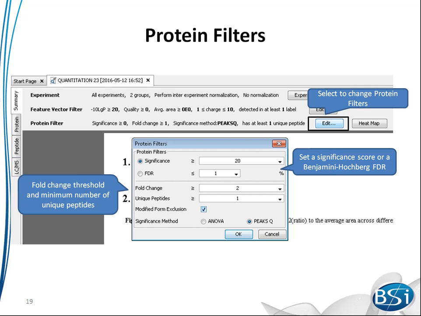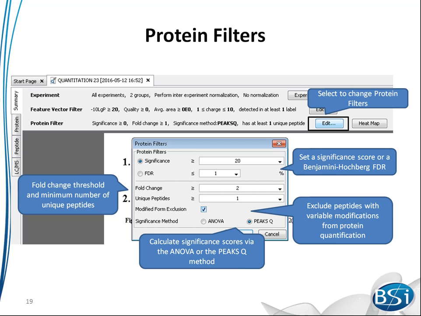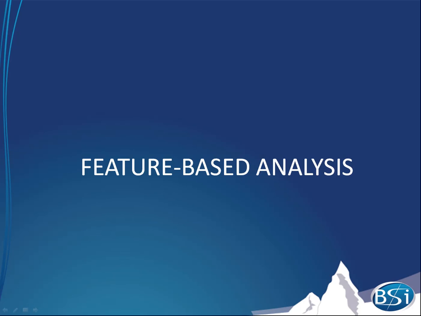Select a protein fold change cutoff and choose the minimum number of peptides that you want to include. Additionally, choose to exclude variably modified peptides from quantification, and decide if you want to calculate significance scores using either the ANOVA or the PEAX-Q method.